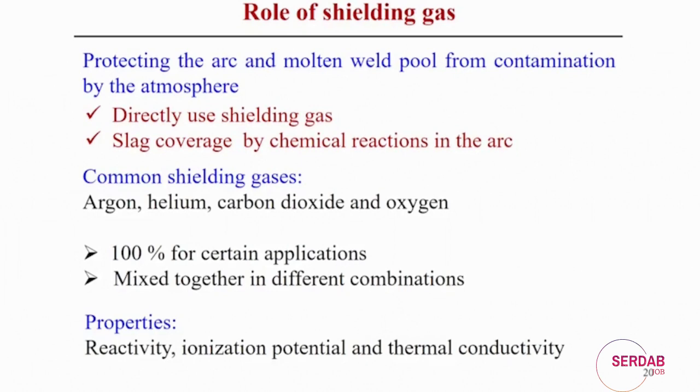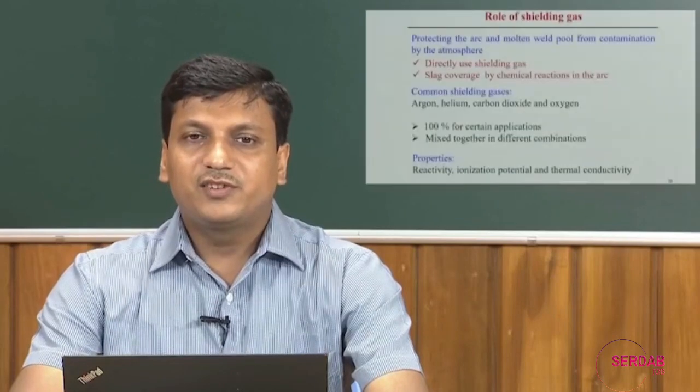That means we can create the slag coverage, by the chemical reaction of the arc. So, these are the two ways to protect the molten pool. Now, what are the common shielding gases we use? We have observed different types of shielding gases like argon, helium, carbon dioxide and oxygen.